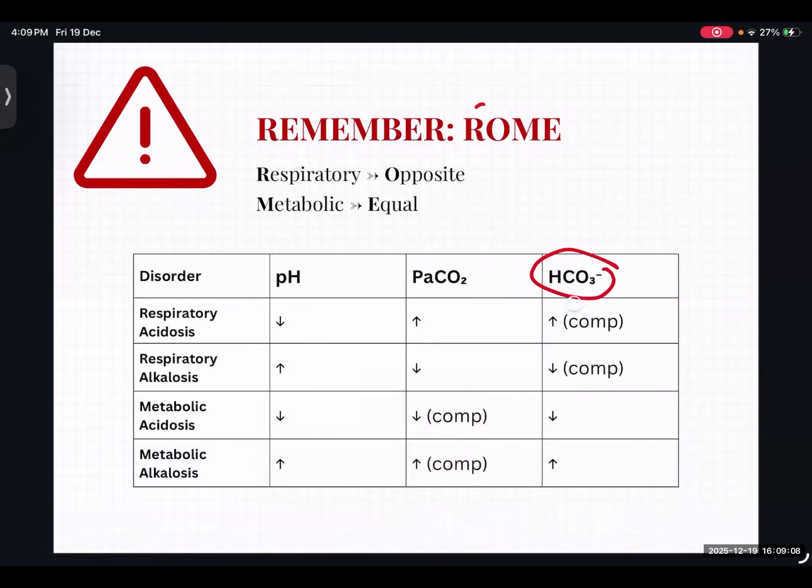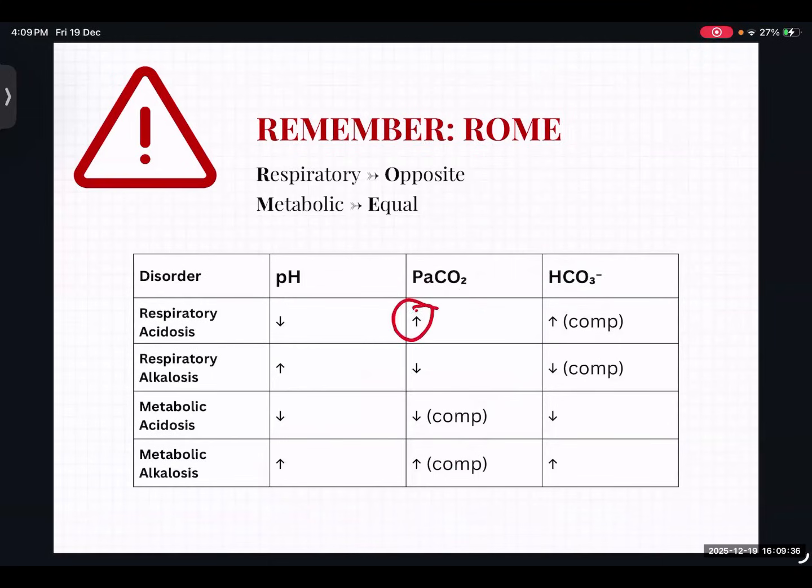It's because of compensatory mechanisms. It basically means that if we have increased carbon dioxide, it means we have acidosis. And how do you combat acidosis? By increasing the base. If you have a lot of acids, you increase the base to neutralize that.